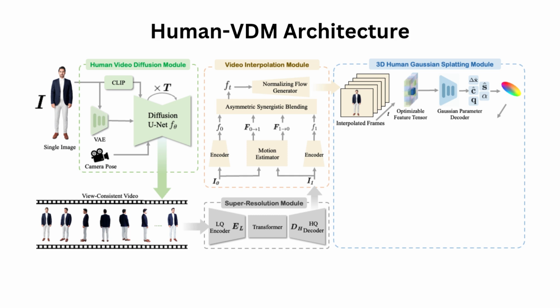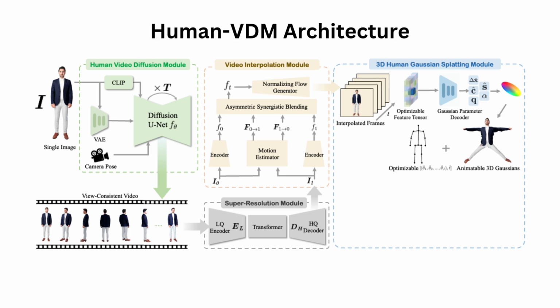Each Gaussian is characterized by a color, a 3D center position, opacity, a 3D scaling factor, and a 3D rotation. Here, we introduce an optimizable feature tensor, pixel-aligned with the pose feature, to capture the appearance of the reconstructed human. The parameters for each Gaussian are predicted by a Gaussian parameter decoder.